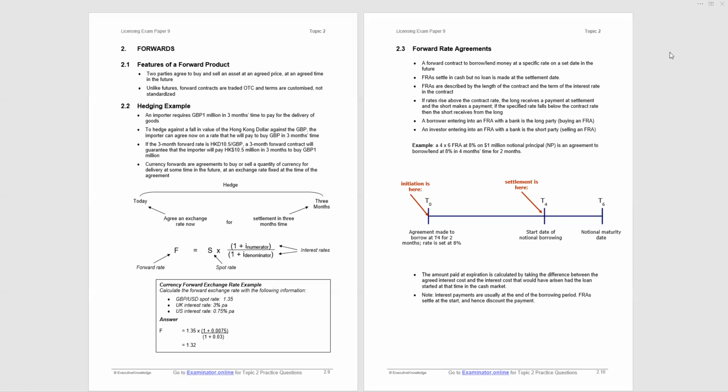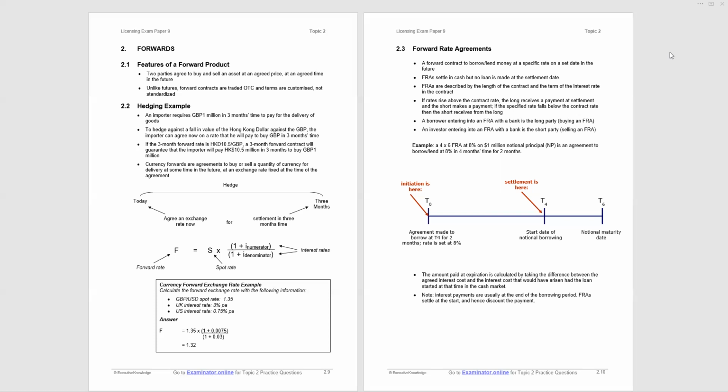You make an agreement to borrow at time 4 for 2 months. The rate set at 8%. That's the FRA price, if you will. And the settlement of the FRA, the receipt or the payment of money, occurs at time 4, at the beginning of the period that the person is going to start borrowing or lending, depending on whether you're long or short. And T4 to T6 is the time period that the FRA calculation is based upon.